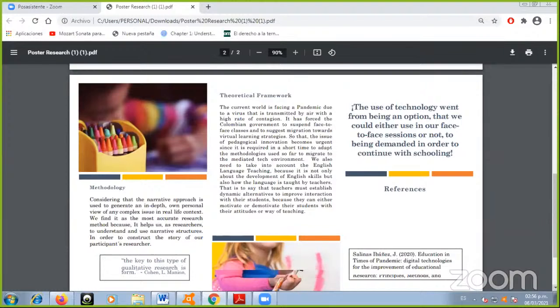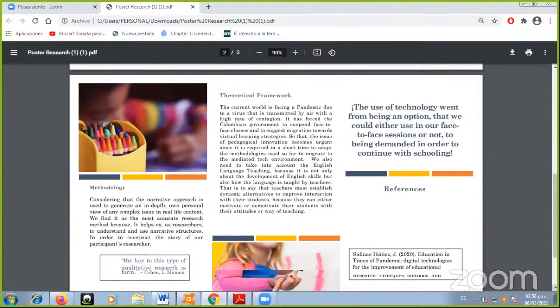According to UNESCO, there are more than 1 billion students affected globally, which accounts for more than 60% of the student population and more than 15% of the world's population.